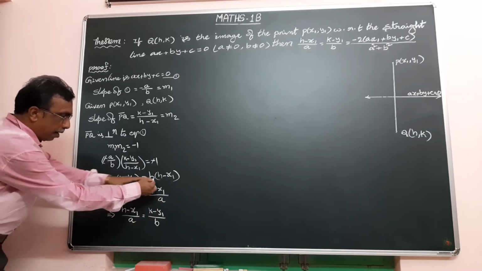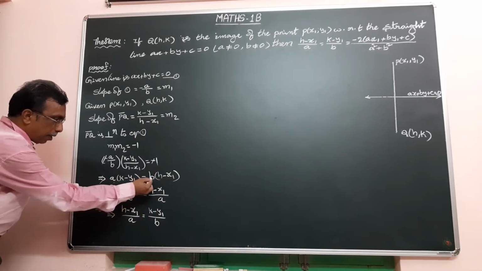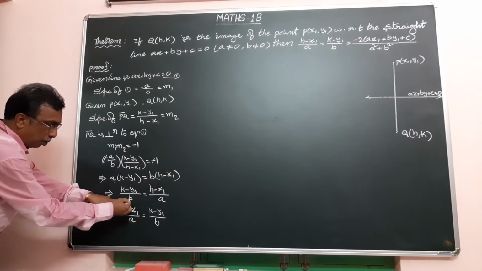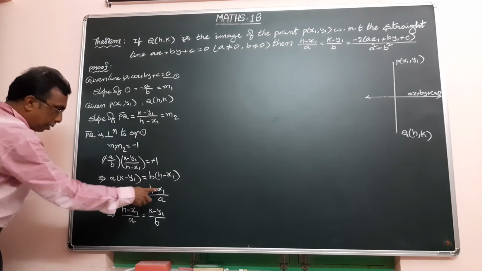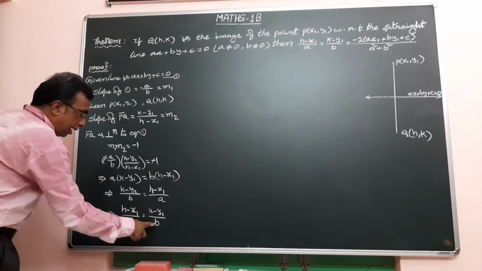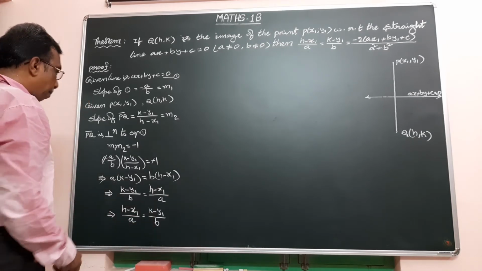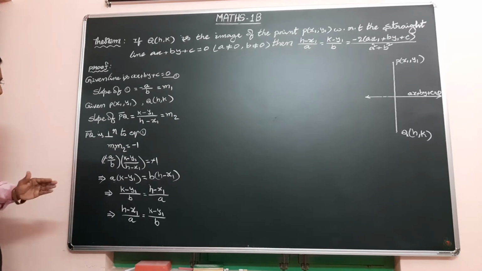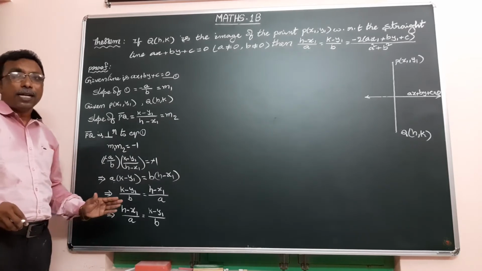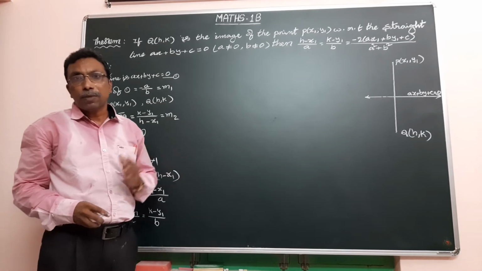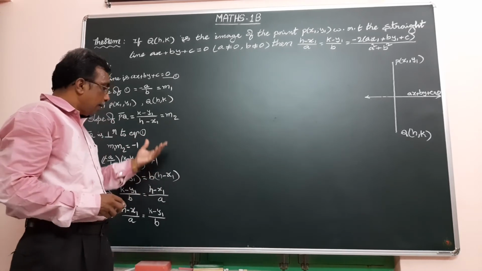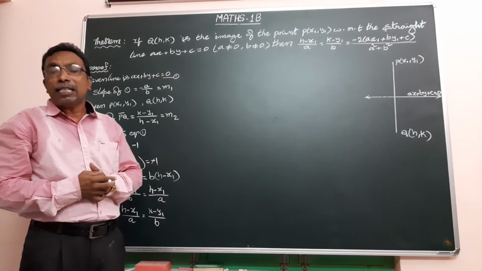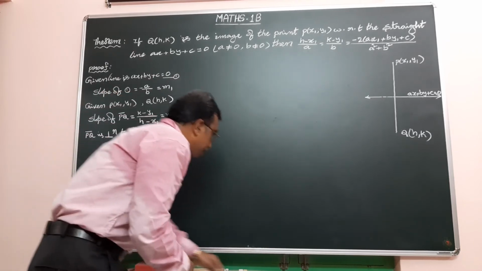This coefficient RHS to LHS, multiplication becomes division. h minus x1 by a equal to k minus y1 by b. Next, by applying the law of multipliers in ratio and proportion.